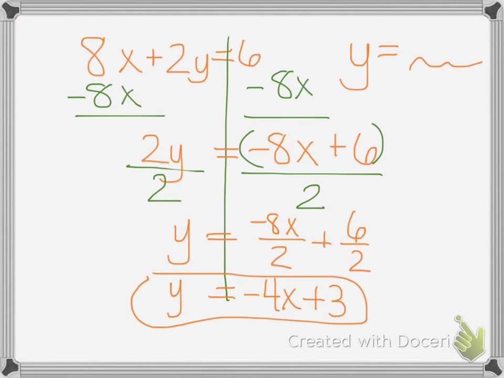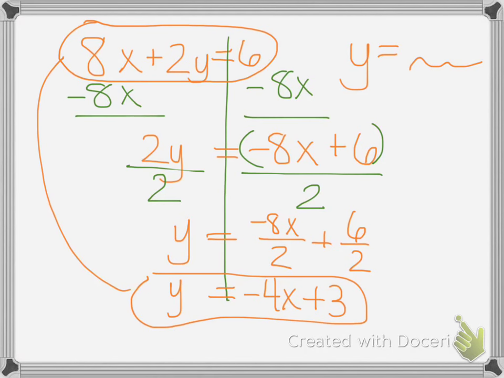So I used properties of equality and I transformed 8x plus 2y equals 6 into y equals negative 4x plus 3. If I graphed both of these equations or looked for solutions to both of these equations, they would have the same graph and the same solutions.